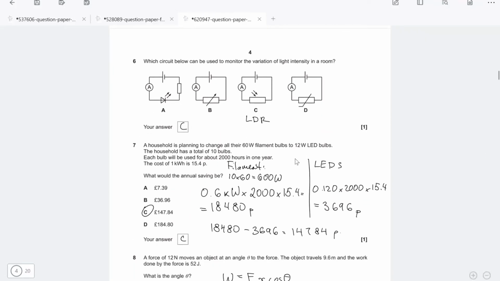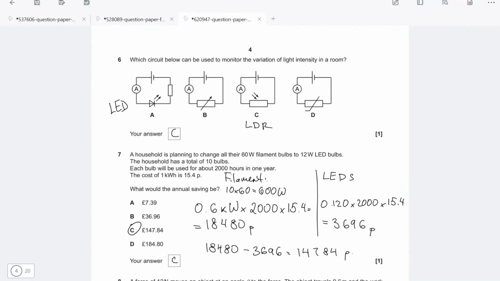Question 6. Which circuit below can be used to monitor the variation of light intensity in a room? The first one is an LED, and the LED is just used to essentially bring some light into a room, not to monitor it.